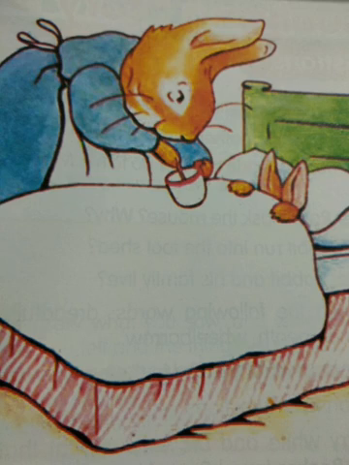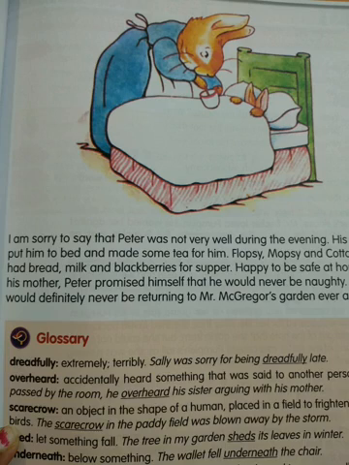I am sorry to say that Peter was not very well during the evening. His mother put him to bed and made some tea for him. Flopsy, Mopsy and Cottontail had bread, milk and blackberries for supper.